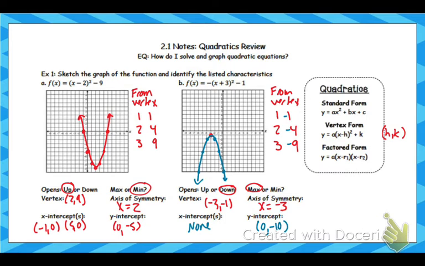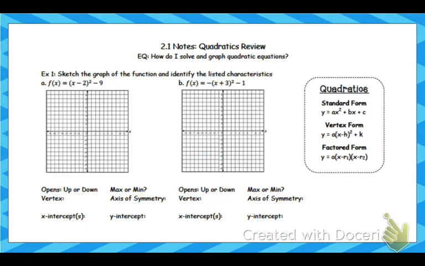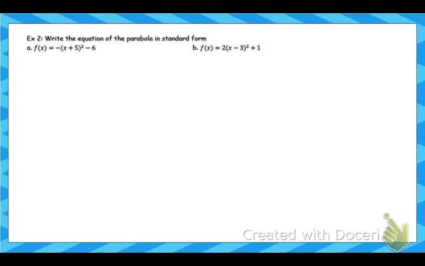All right, so now we're going to do the opposite. We're going to take some information and we're going to write the equation. So on this one, we're going to start by writing this in standard form. So standard form is ax squared plus bx plus c. So what I'm going to do is multiply this out. So remember, that means x plus 5 times x plus 5.